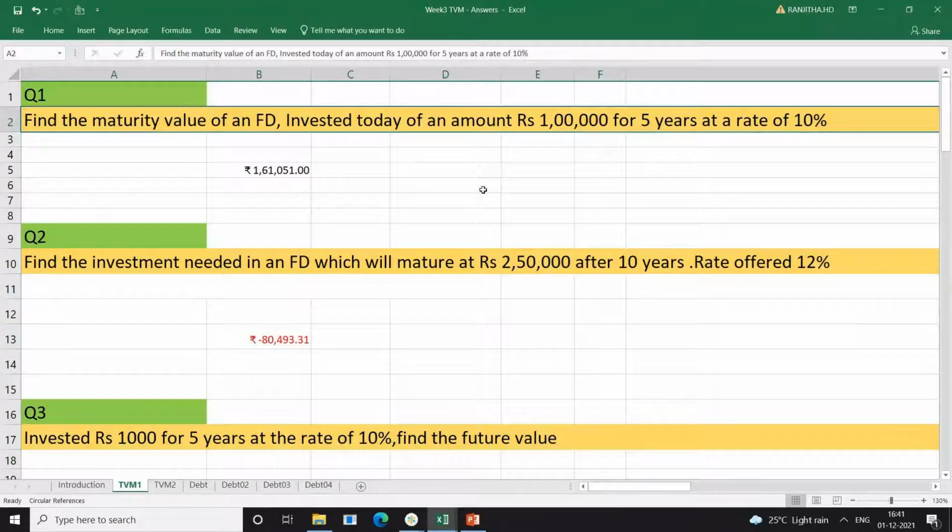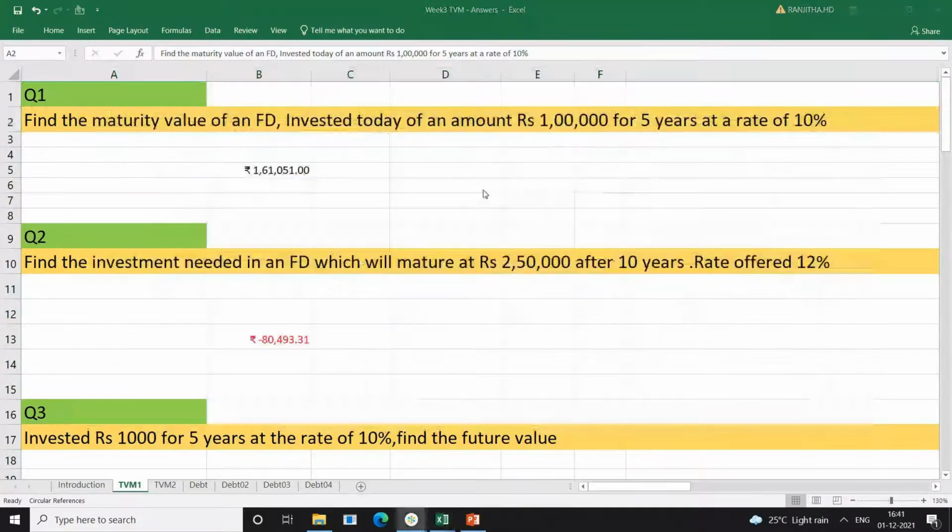So you should analyze the question. Understood?